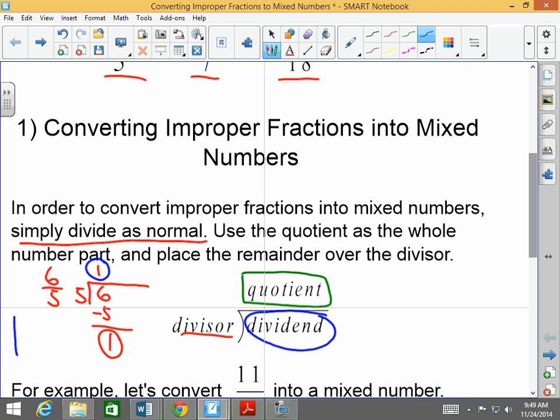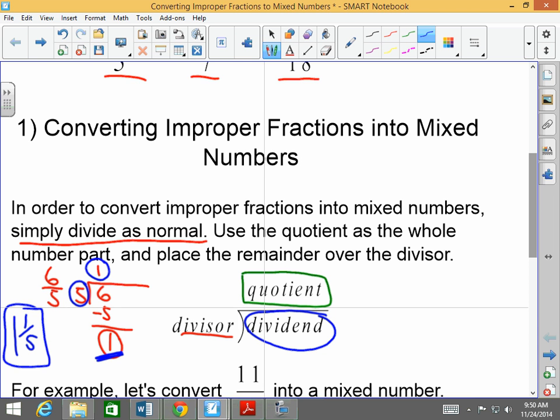And then I place my remainder here over the divisor, or the original denominator. And that's how I go from an improper fraction to a mixed number.